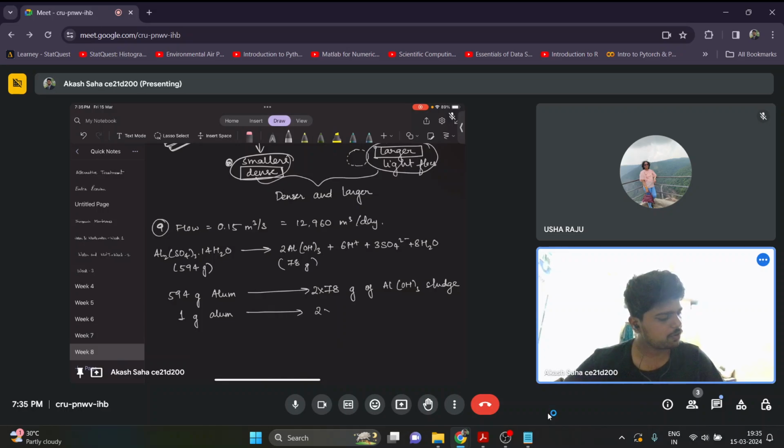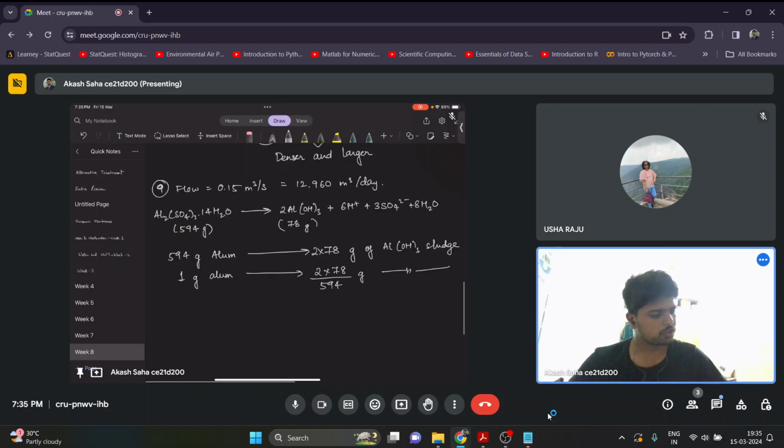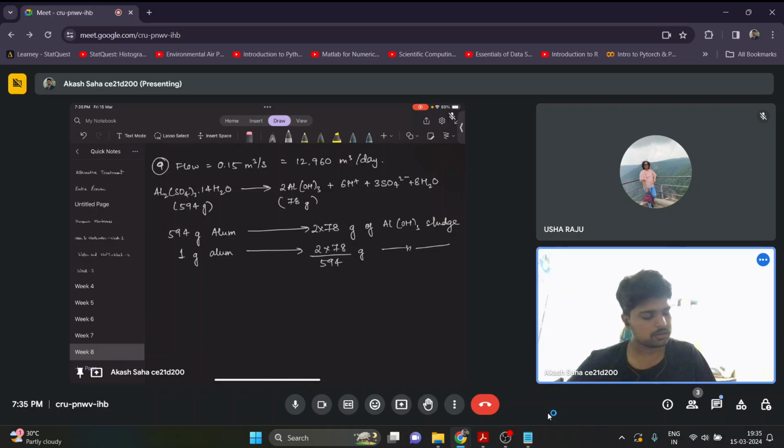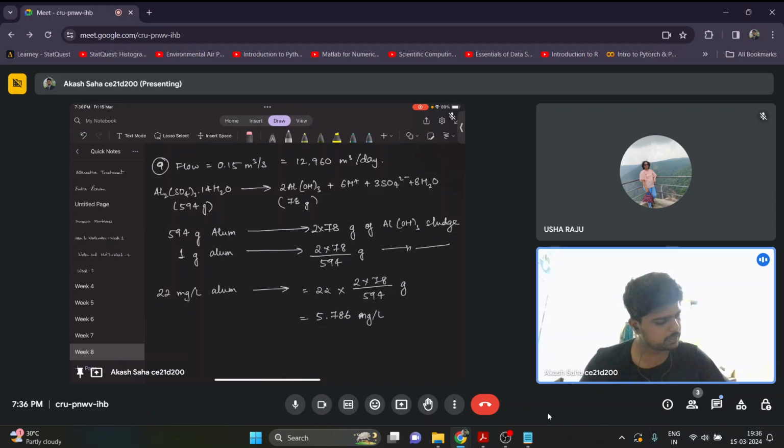So 1 gram will give 2 into 78 by 594 grams of Al(OH)3 sludge. So we have the dose, 22 milligram per liter alum. So it will be equal to 22 into 2 into 78 by 594, which will be equal to around 5.786 milligram per liter of sludge.